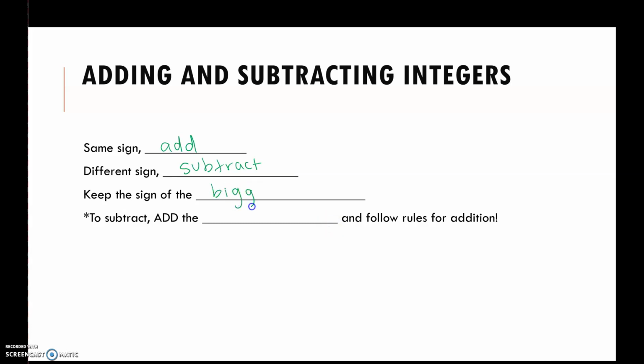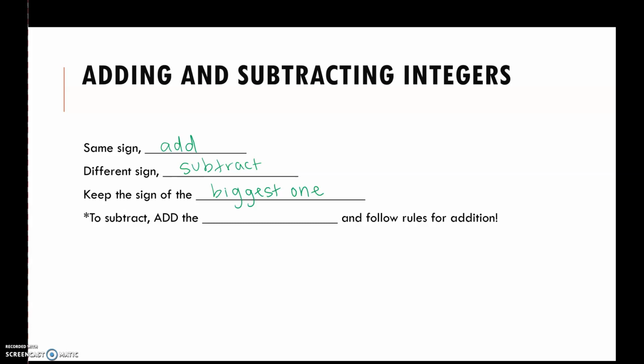Okay, and when I say biggest one, I mean the greatest absolute value, the biggest distance from 0. Okay, so if I'm talking about 1 versus -9, well, 9 is larger than 1. I'm not paying attention to if it's positive or negative. I'm just looking at the number by itself without the sign and saying which one's the biggest one, okay?